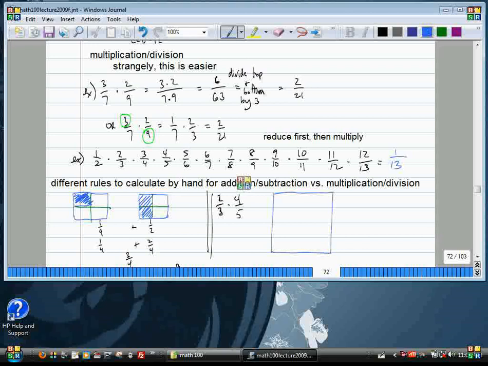So how do we represent 2/3? Well, this whole side is 1, and this whole side is 1. So let's represent 2/3 on the vertical side.